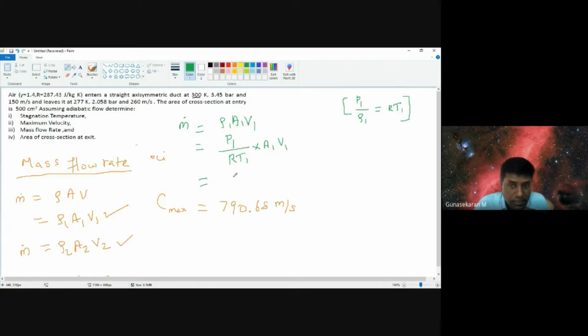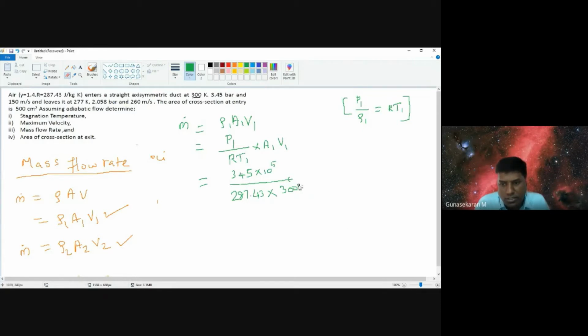P1 is 3.45 bar, substitute in Pascal, 10 to the power 5, because 1 bar equals 10 to the power 5 Pascal. Then the whole divided by R, which is 287.43, into temperature T1, which should be in Kelvin. That is nothing but 300.